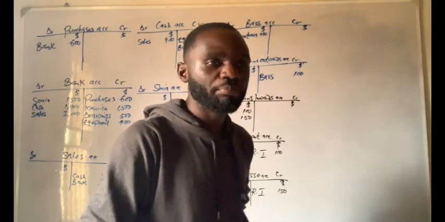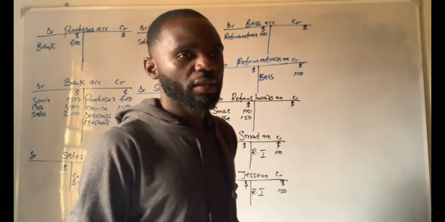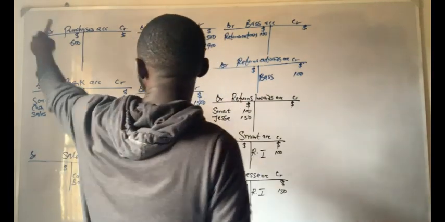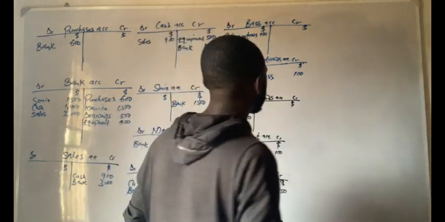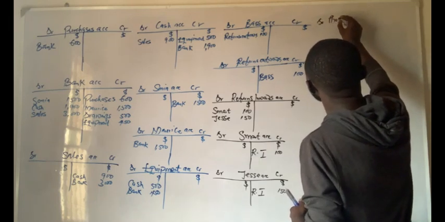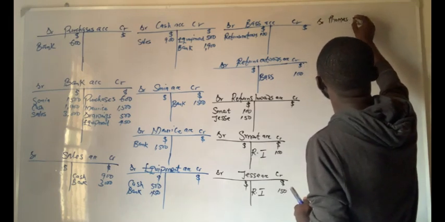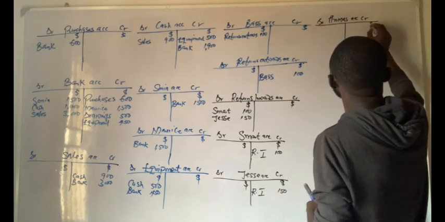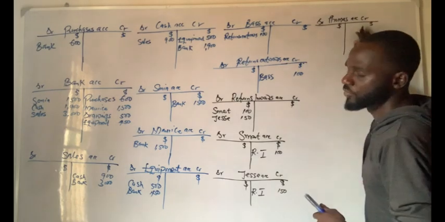So next will now be on the 19th. We have credit purchases from Thomas. So we have purchases account, but we don't have Thomas account. So we'll open Thomas account. So we have debit. Here we have the Thomas account, credit. But then it was from Thomas. This purchases was from Thomas.